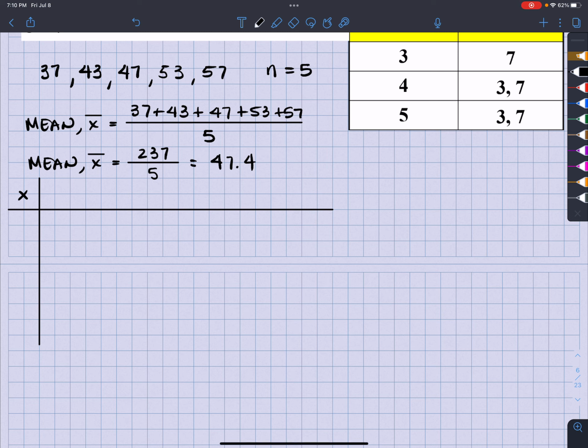I'm going to call the first column X, which pertains to my data items: 37, 43, 47, 53, and 57. My second column is going to be X bar, which is my 47.4.